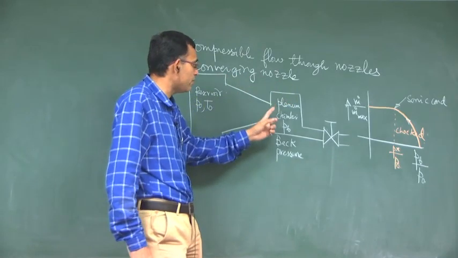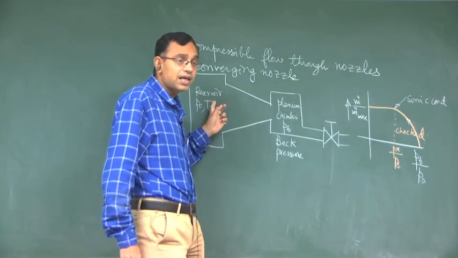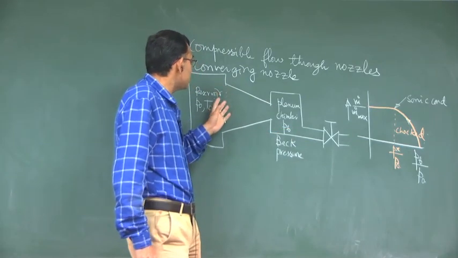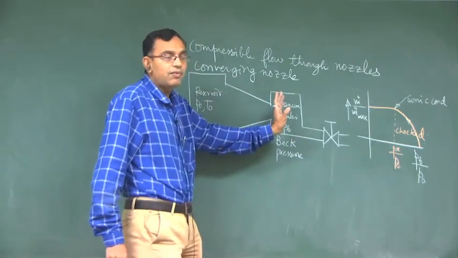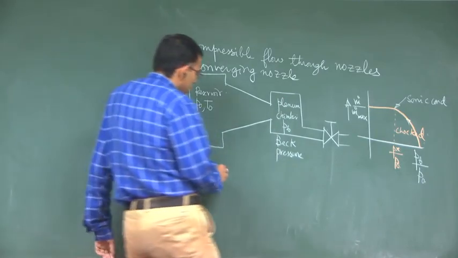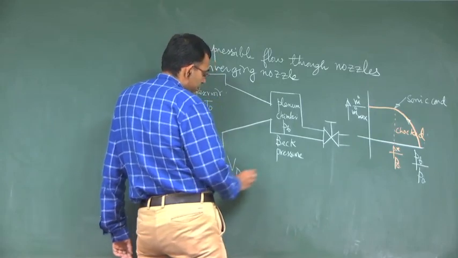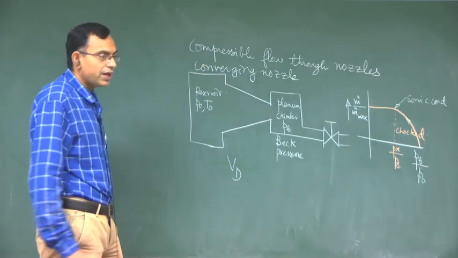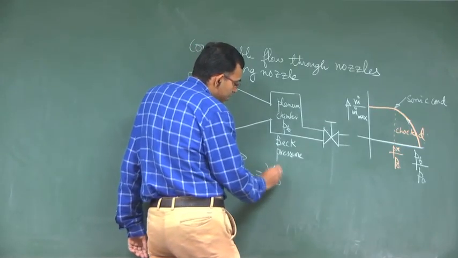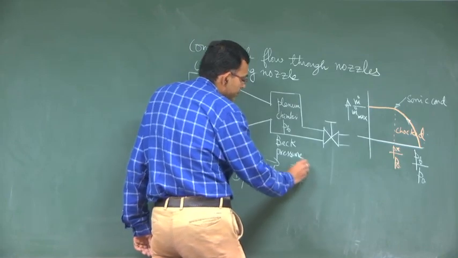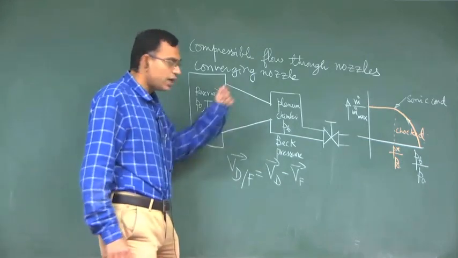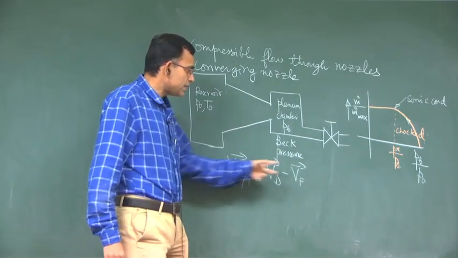So the messenger is going from here to here with a message that the back pressure is reduced, now Mr. Reservoir please give us more mass flow. So the velocity of the disturbance that propagates with respect to the fluid is velocity of disturbance minus velocity of fluid. At the sonic condition, what is the velocity of the fluid?